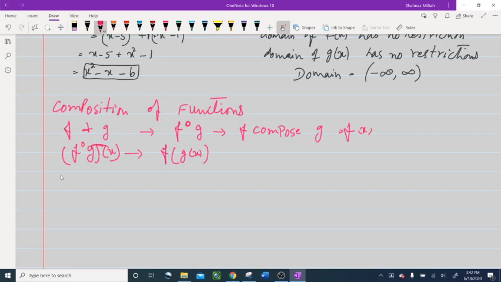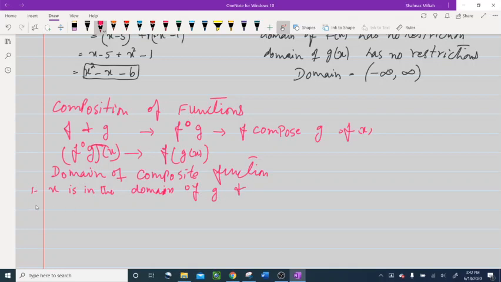Another thing is you have to be careful about the domain of a composite function. First thing you have to remember: x is in the domain of g.